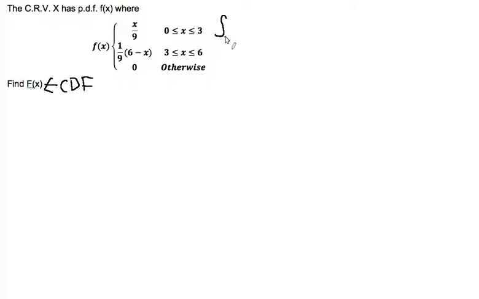Of course, when we find a cumulative distribution function, we integrate between the lower bound, which in this case is 0, and a dummy variable t, which will stand in place of our x for the time being, just to save confusion. We can replace it afterwards.